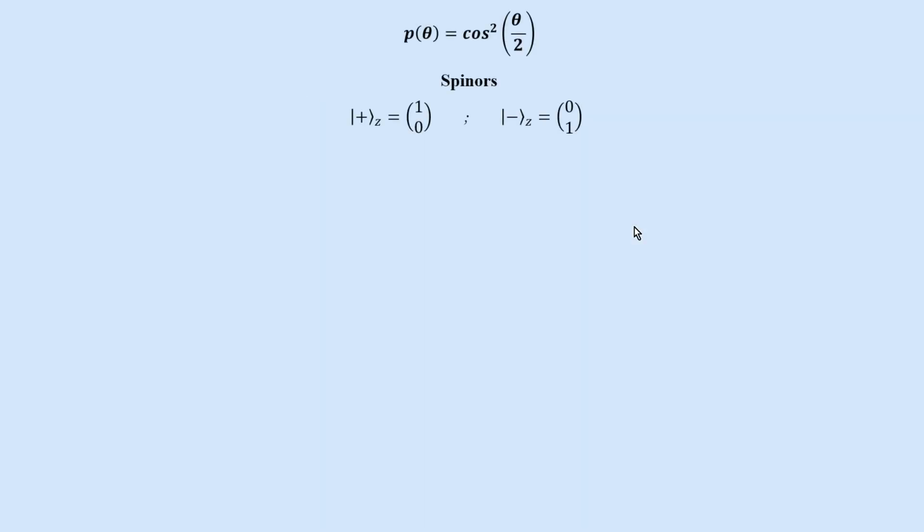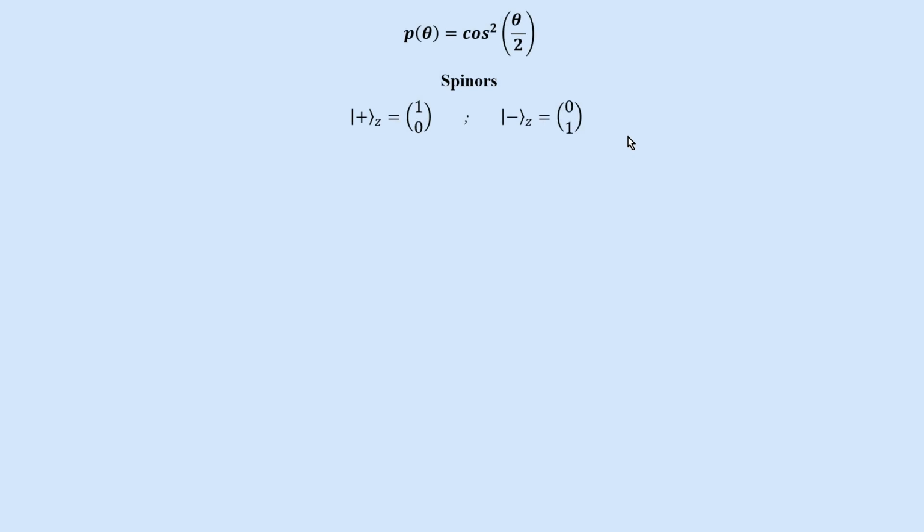Let us place for completeness the cosine squared probability equation here again. And now define a spin up and spin down along the z-axis with a formalism reminiscent of vectors and Cartesian two-dimensional planes, as we have already seen with these spinor components.